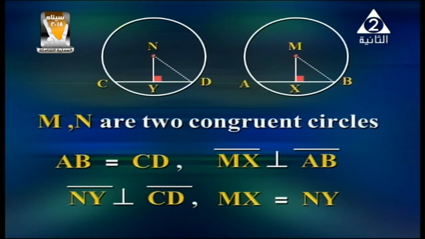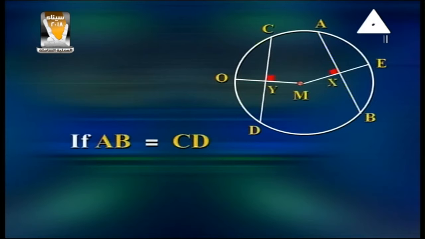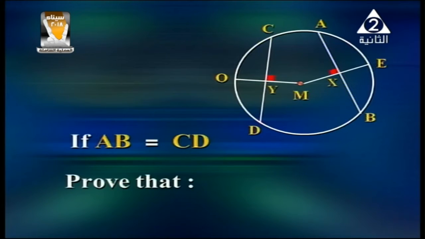Now let us have some examples. In the figure opposite, if AB equals CD, try to prove that XE equals YO.